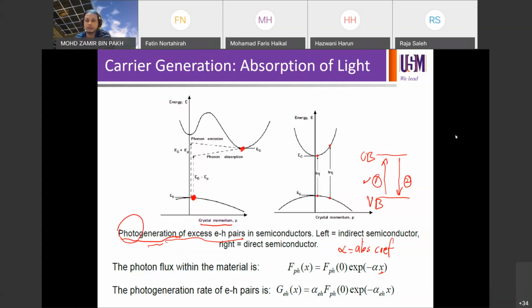Photo generation here means generation of electron hole pairs by using the incident light. The photo generation rate of the electron hole pairs is given by Gx.